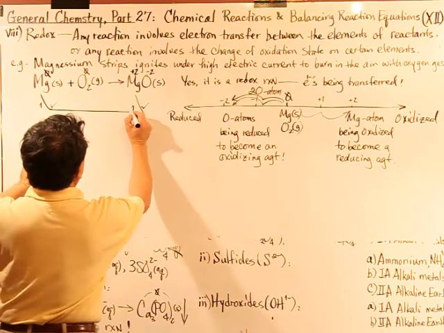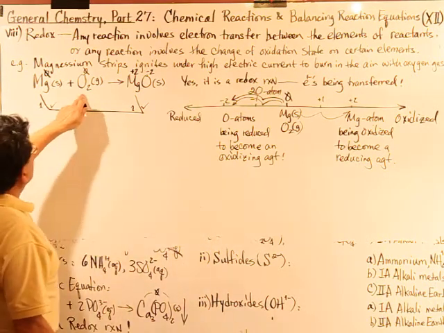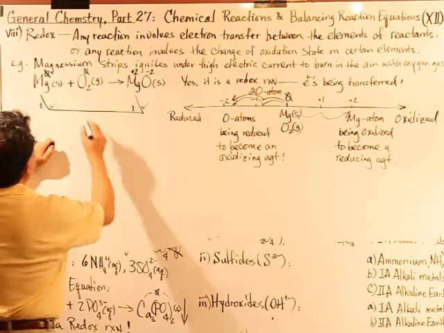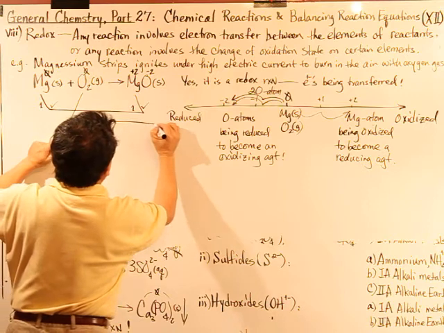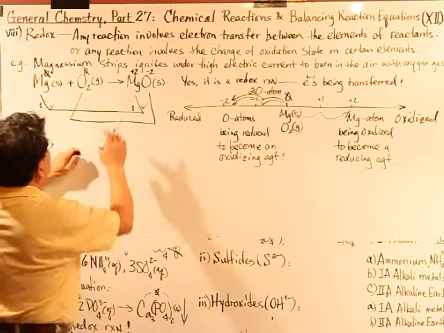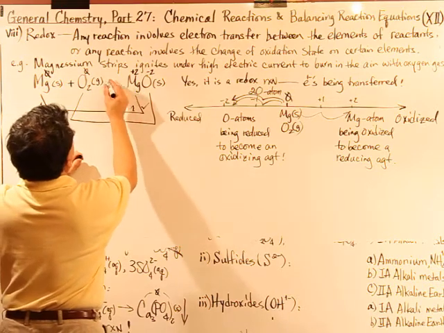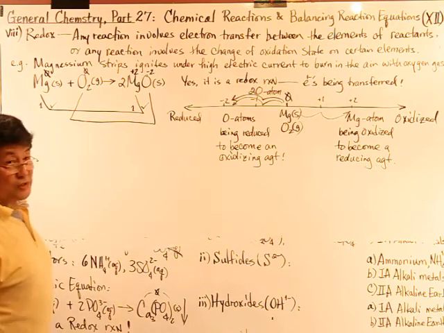Now oxygen, 2 to 1. So this is 2, then I have to multiply this. It's not big enough, so I double this. Now I've got 2 oxygen, correct?